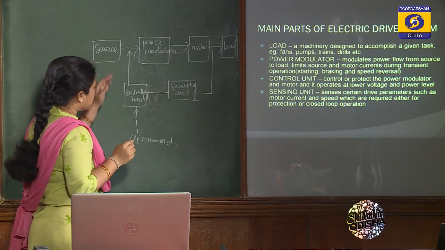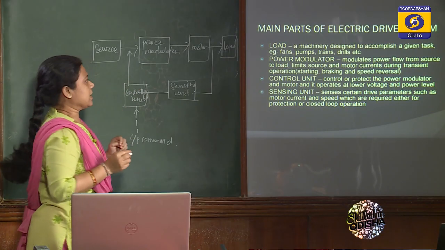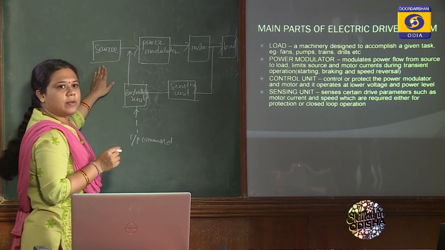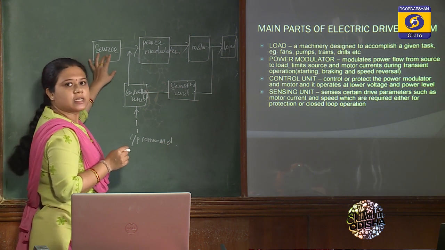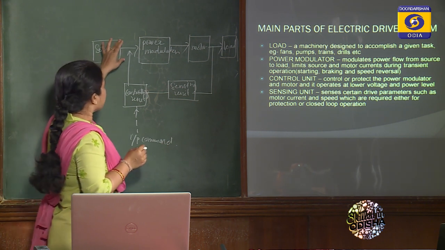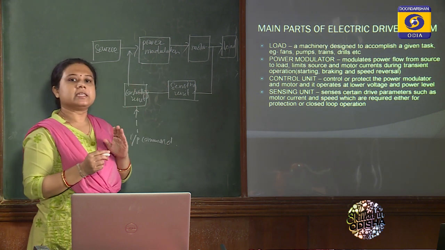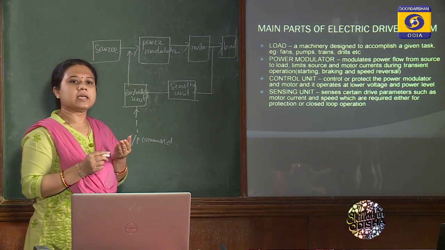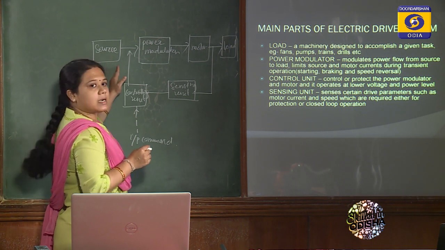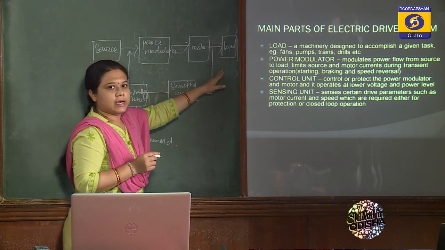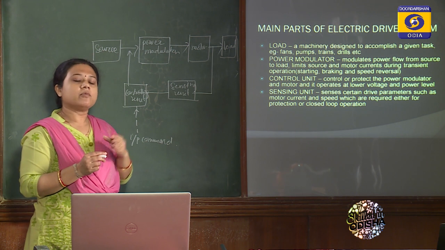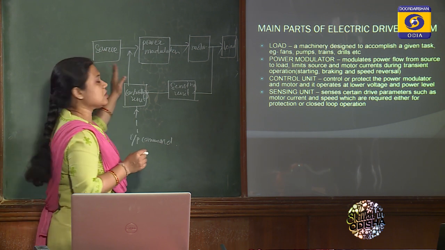So what does this block diagram mean? First the input will be given from this source. This is the main input. Then as per our requirement, the topic name is AC or DC drive. In case of AC, that direct input will be collected here. But in case of DC drive, we have to convert this AC to DC.